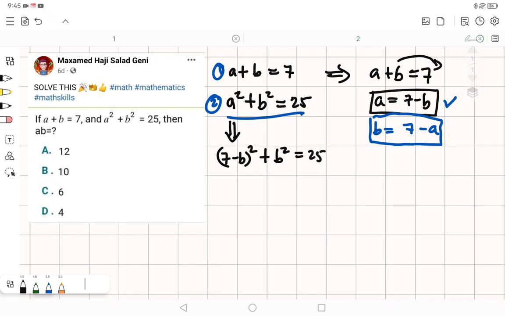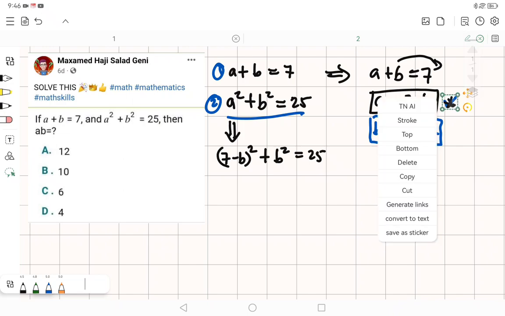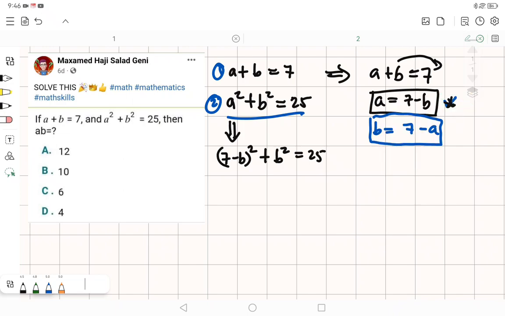So what we did is that we used the first value that we have, which solves for a in terms of b. After that, we will apply squaring of a binomial.